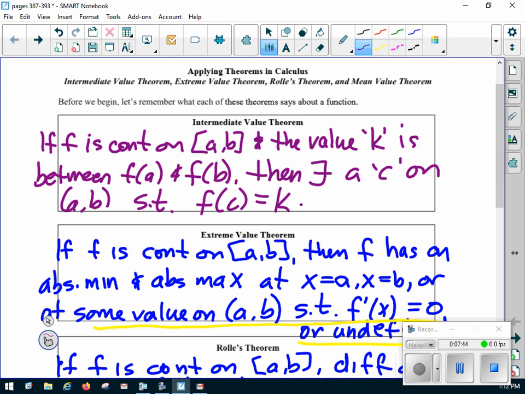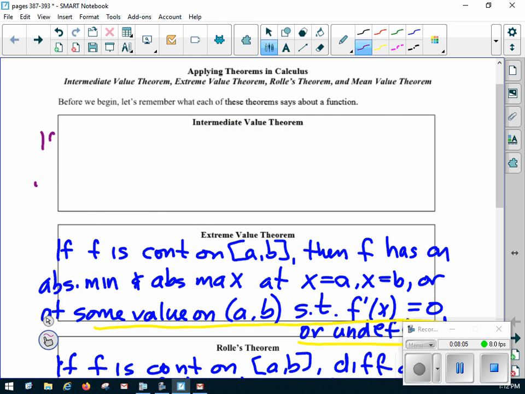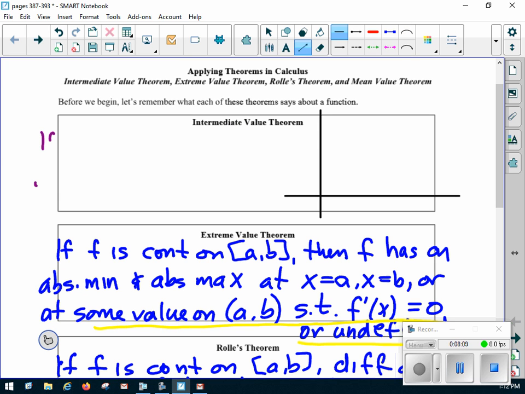We can draw pictures of each one of these if that would be helpful to you. Would it be helpful? Okay. Once you have this written, then we'll go back and draw some pictures. Everybody got IVT written? So IVT would say, let's go year in school and height.